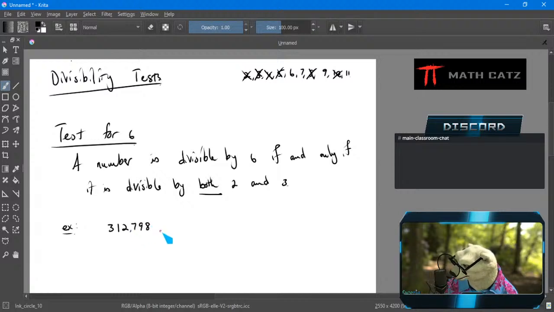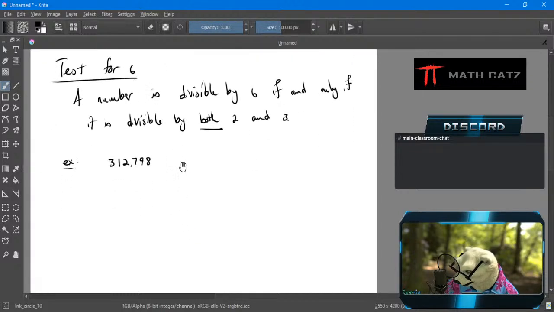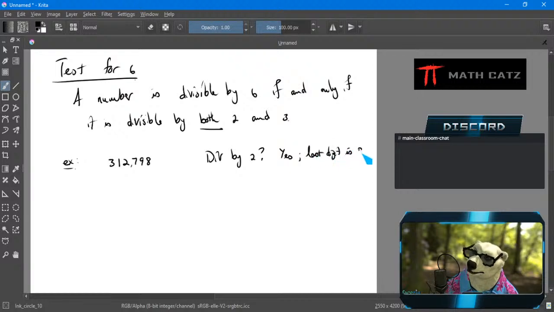312,798. Is that divisible by 6? Well, I need to decide, is it divisible by 2? Yes, because my last digit is an 8. It's an even number. Is it divisible by 3? Well, I don't know.